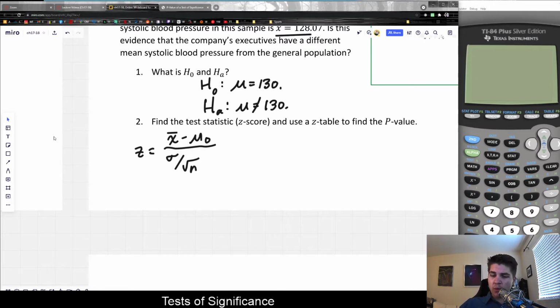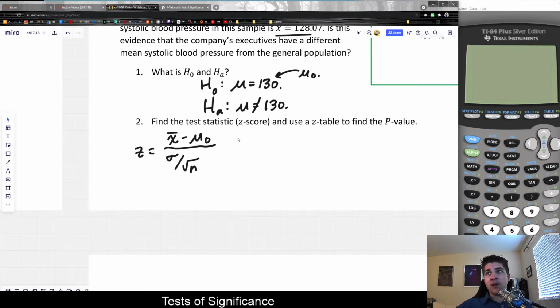And if you're wondering what the heck mu naught is, mu naught is always equal to the claimed value from the null hypothesis, which was that the stated value for mean systolic blood pressure was 130. That's why they call it mu sub 0, because it's from your claim, from your null hypothesis. And then we take the difference.